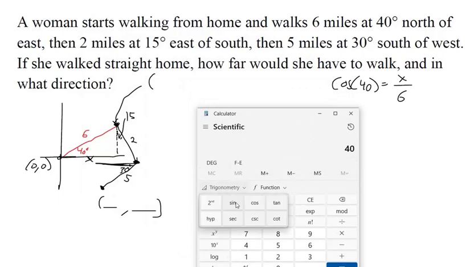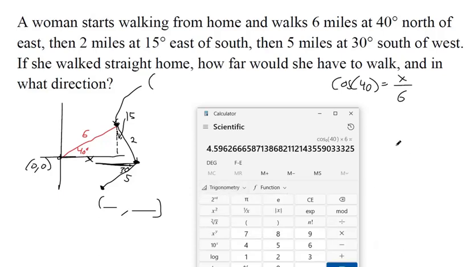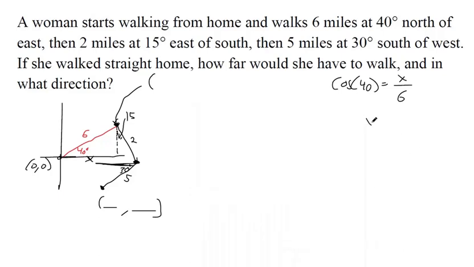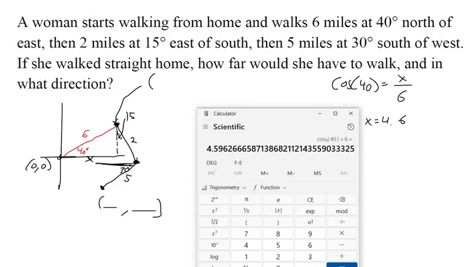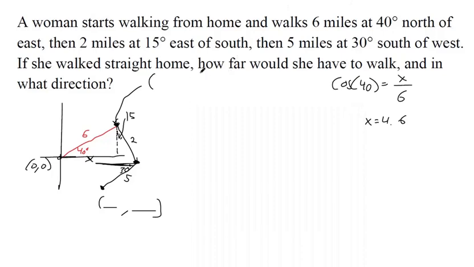So cosine of 40 degrees, and I multiply that by 6. So we'll say 4.6. X is 4.6. And again, I multiplied by 6 because that's the opposite of dividing by 6, right? So the x coordinate here is 4.6. And the y coordinate would be what's opposite of 40 divided by the hypotenuse.